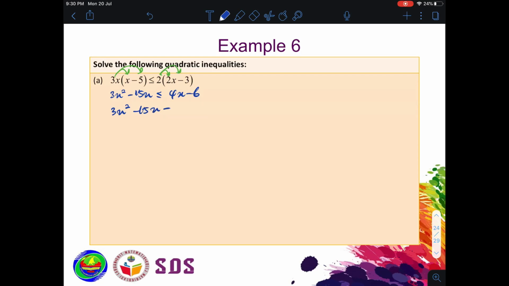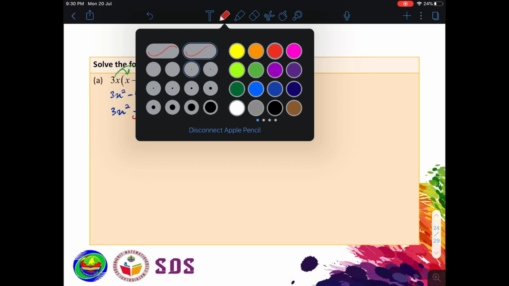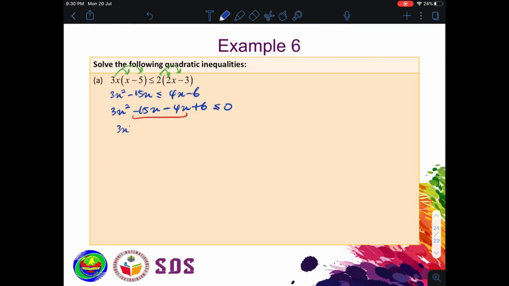Then we solve it and simplify this part, which gives us 3x squared minus 19x plus 6 less than or equal to 0. Here we need to factorize it.